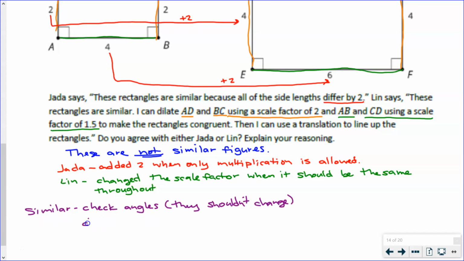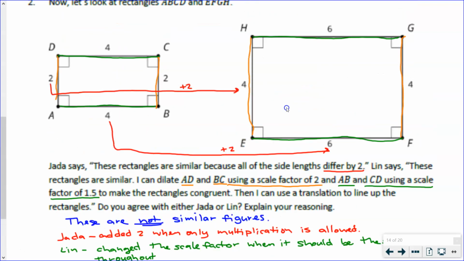We also need to check the side lengths for the same scale factor. Meaning, if I'm multiplying by 2, 2 times 2 is 4, then I also should be multiplying by 2 here. 4 times 2 should have been 8 if these were scaled copies or dilations of one another or similar figures.